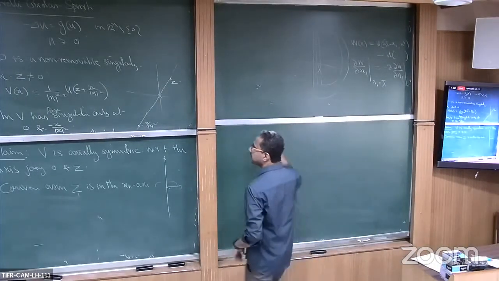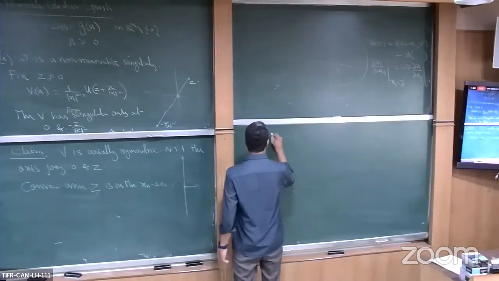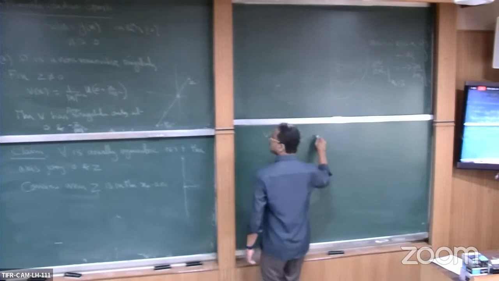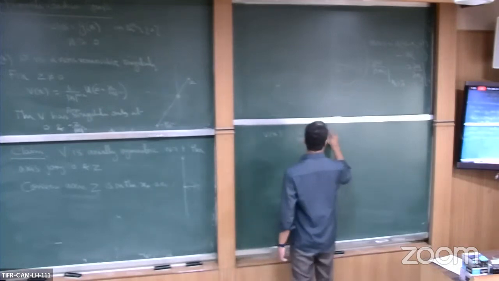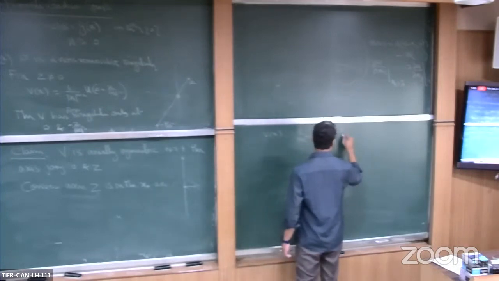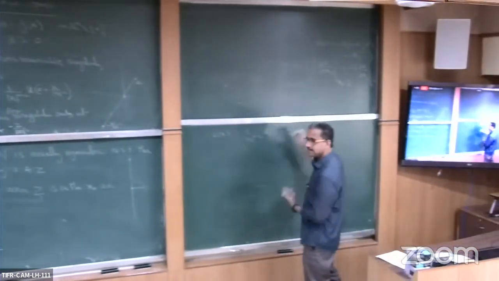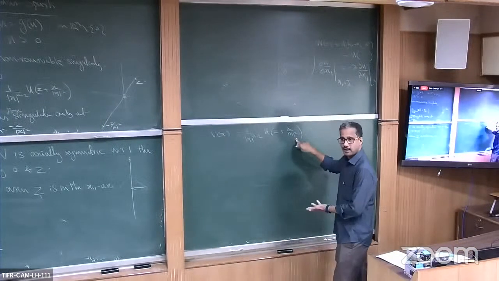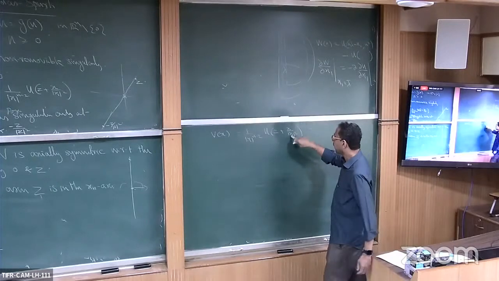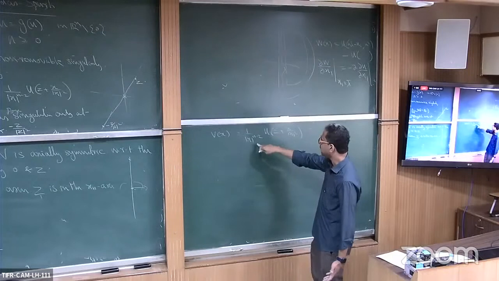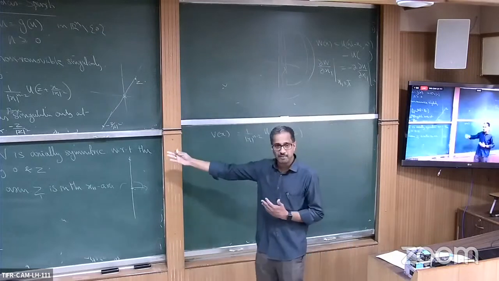So I'm going to start with this V of x. V of x is equal to 1 by mod x to the power n minus 2 times u at z plus x by mod x square. Now when x is large, x by mod x square is going to be very small, so it's a small perturbation at z for x large. Anyway, we wanted to move the plane from infinity.